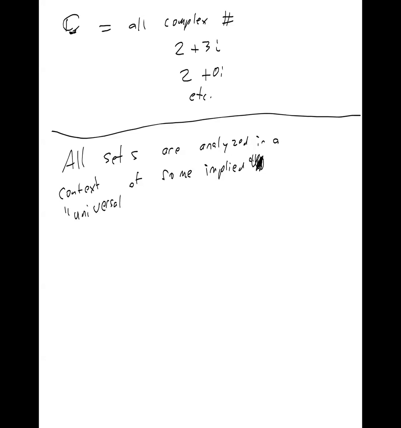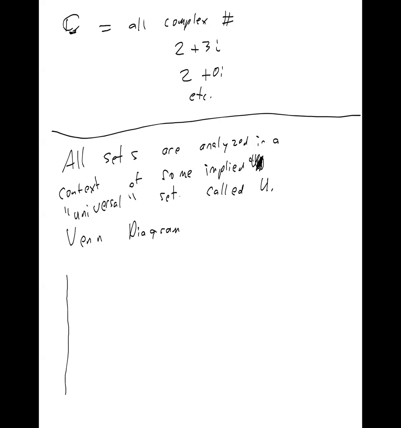Universal set. So all sets are analyzed in the context of some implied universal set called U for short. Okay, so a Venn diagram basically is a box that represents that universal set.